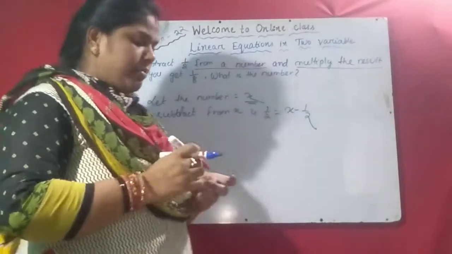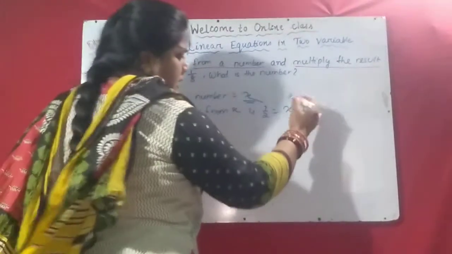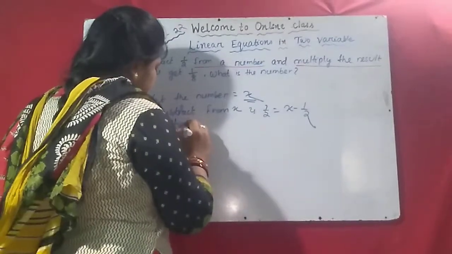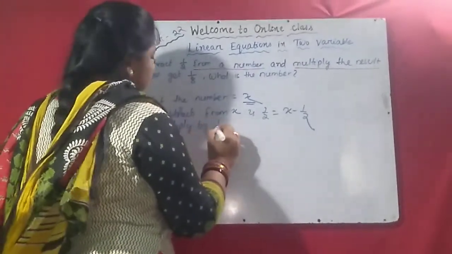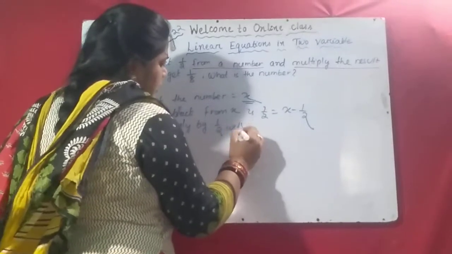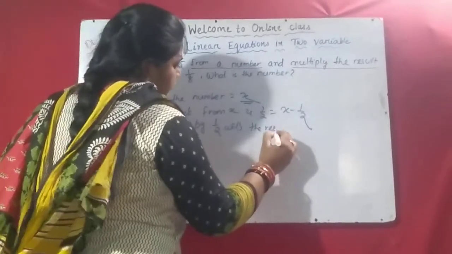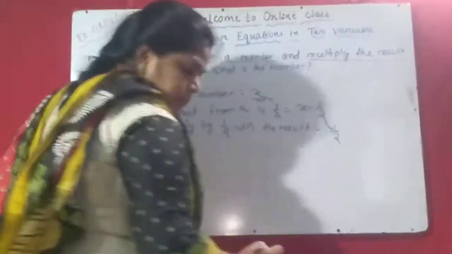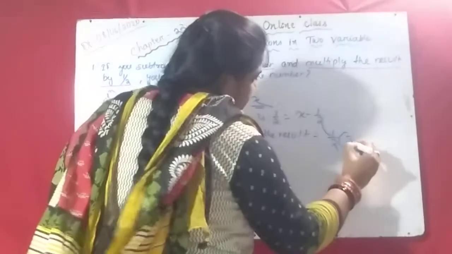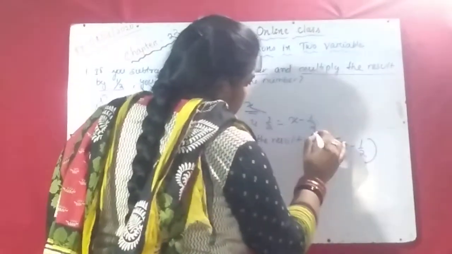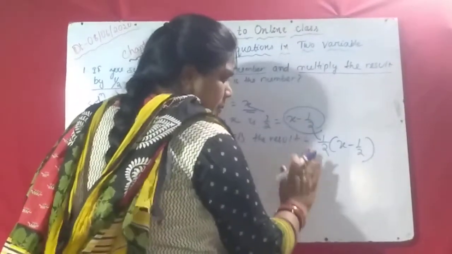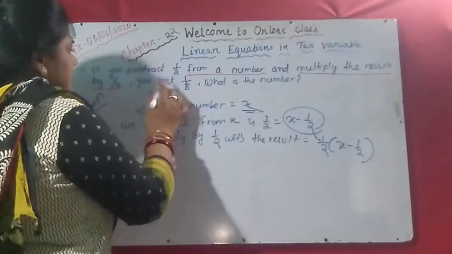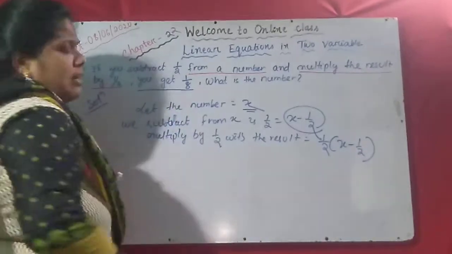You multiply by half the result x minus half, which means half into x minus half, and you get 1 by 8.